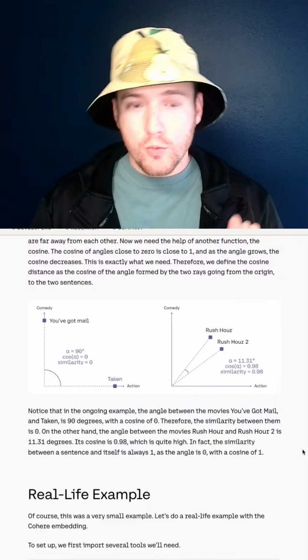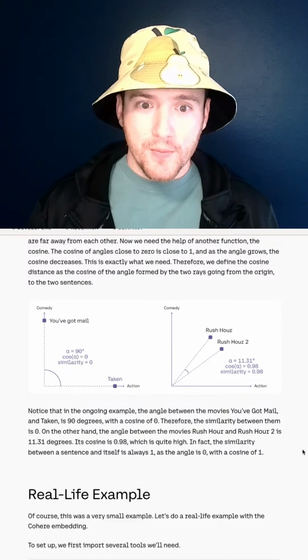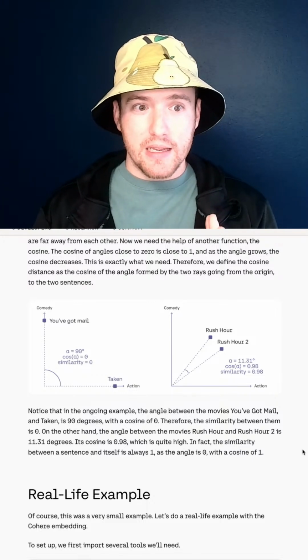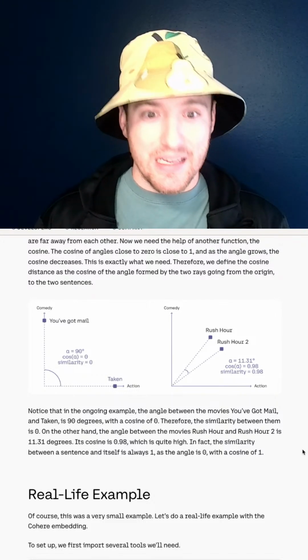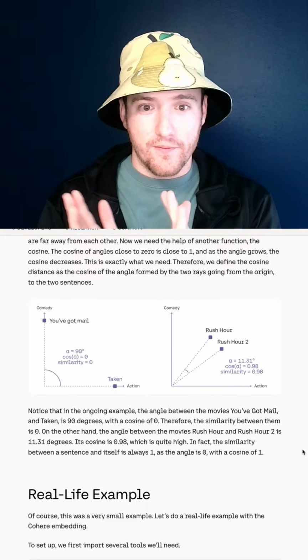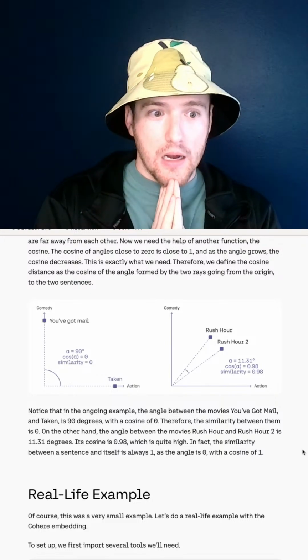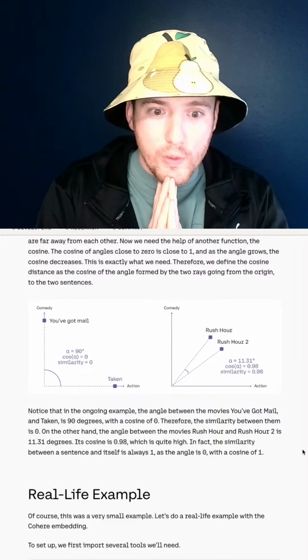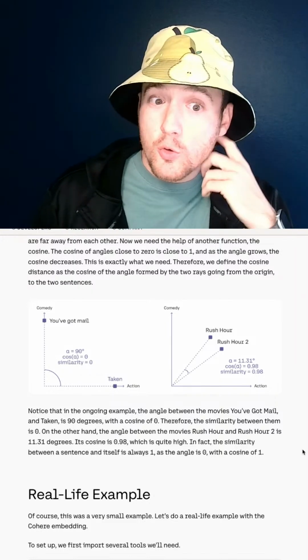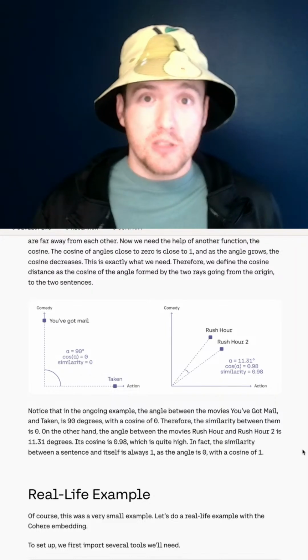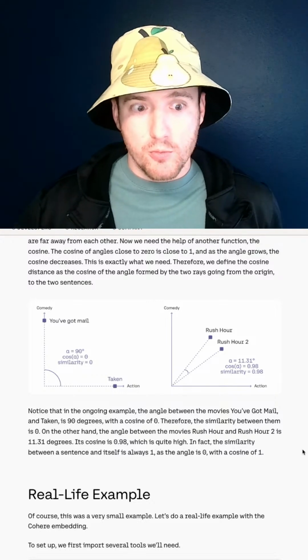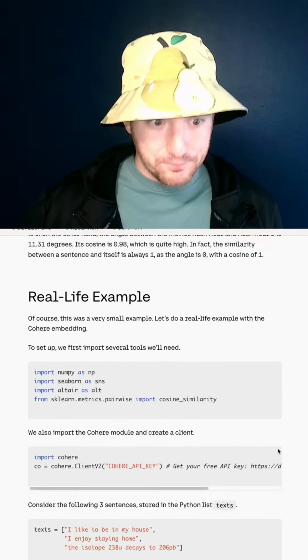Whereas for Rush Hour 2, we can see that the cosine is 0.98. It is very, very close to 1, meaning that they are very similar. And so we can see how the cosine can be used as a distance to see how similar and dissimilar movies or sentences can be.